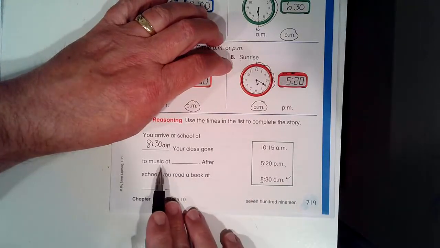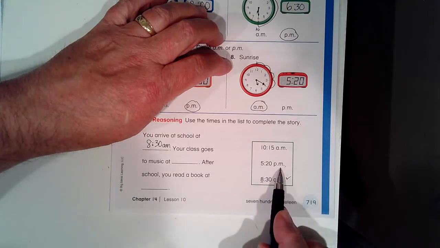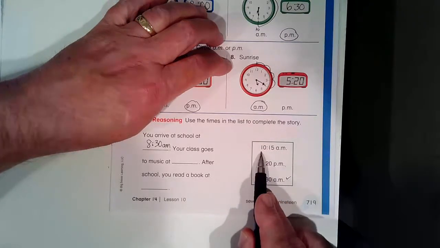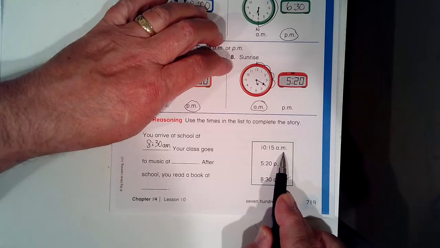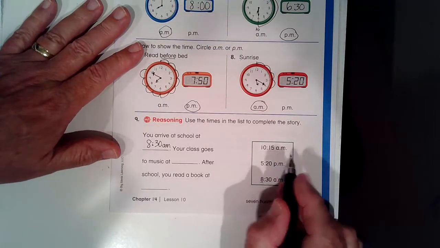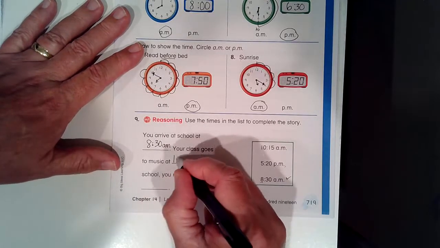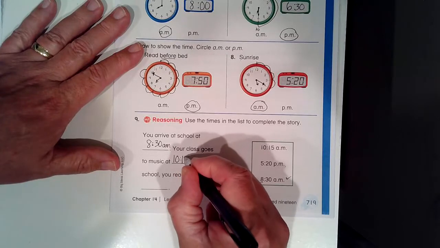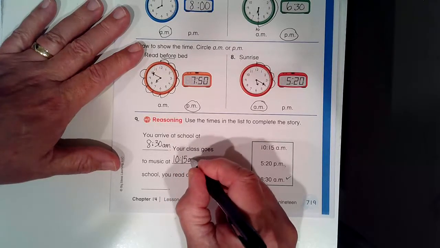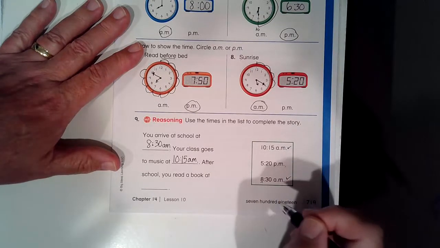Your class goes to music at, and is it going to be at p.m., afternoon, or before the noon at a.m., 10:15 a.m.? You are, of course, right. 10:15 a.m. is when we go to music.